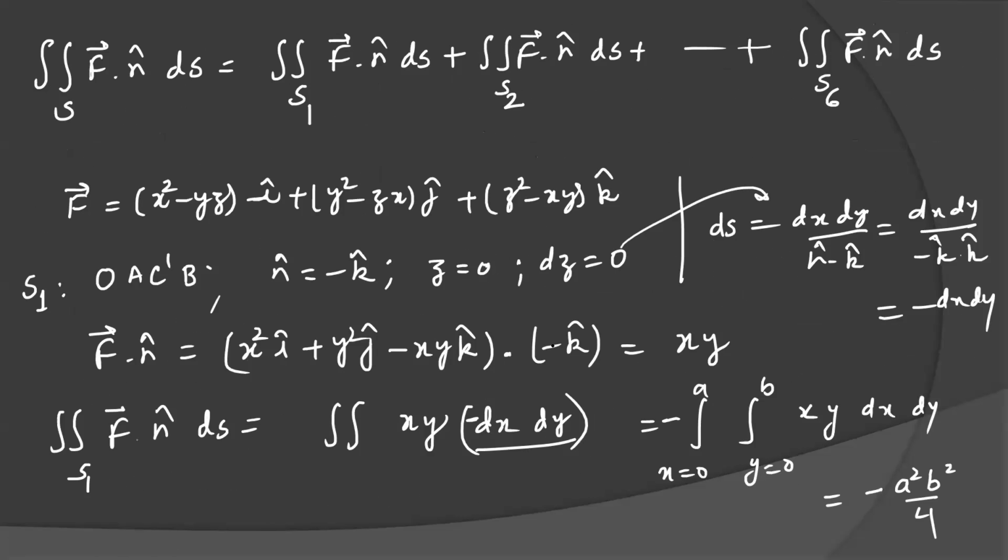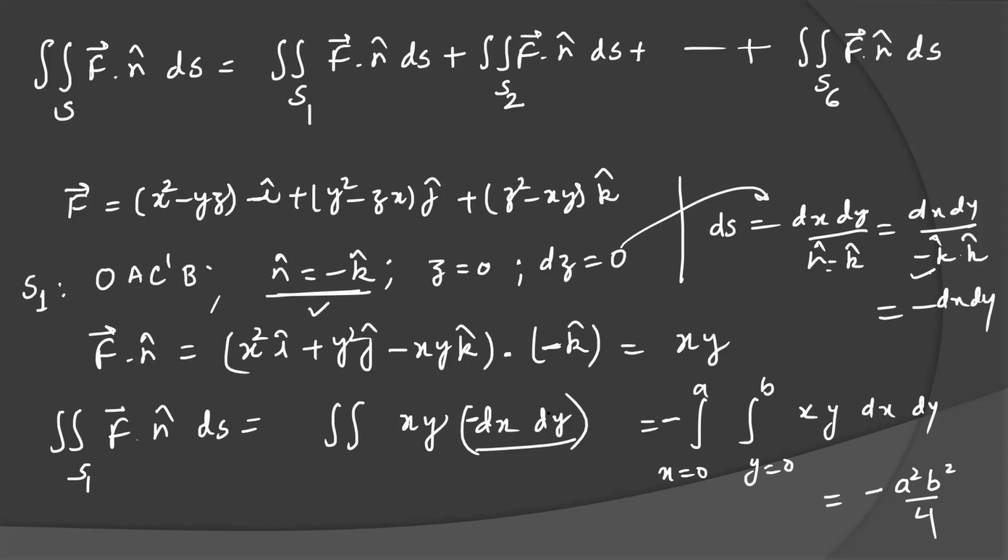I am taking it twice. If you are taking a negative sign here, minus k cap, then here you have to take a plus sign. So the better way is, if n cap is minus k cap, it is for only these surfaces. When the x-axis is perpendicular to the yz plane, y is perpendicular to zx, and z is perpendicular to xy, then n cap is i, j, k, minus i, minus j, minus k. That is actually telling the negative direction. But if you are taking two negative signs, it will become the same direction. So I made the same mistake, minus k cap and minus k cap in two places, so it is obviously the same thing.